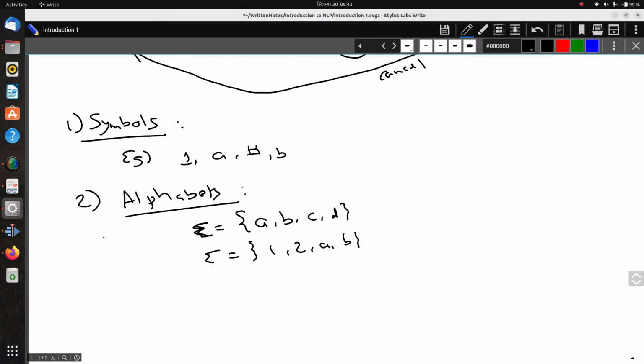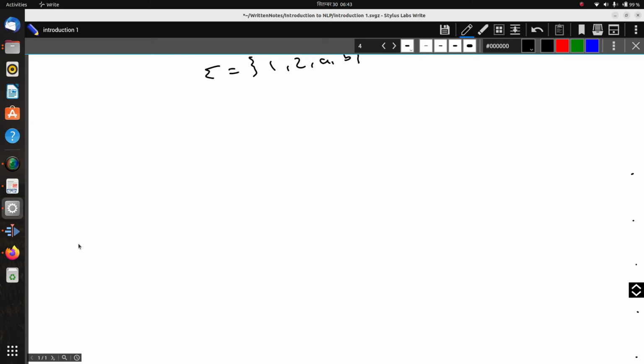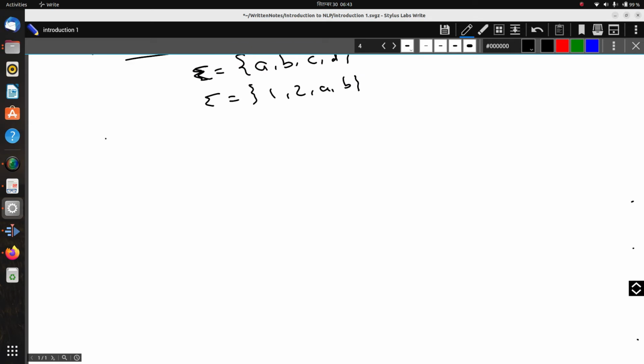The third concept that I want to introduce here is strings. Strings are a finite collection of symbols from the alphabet.